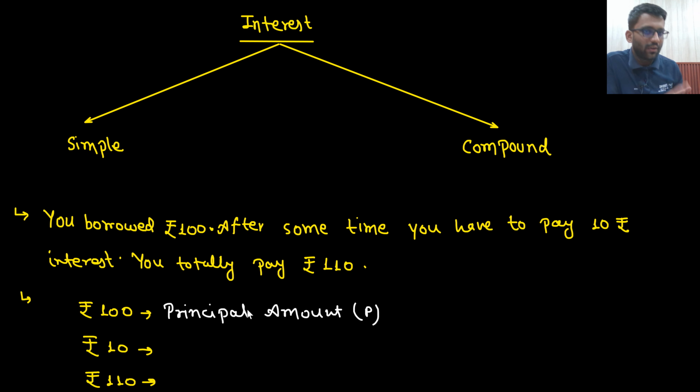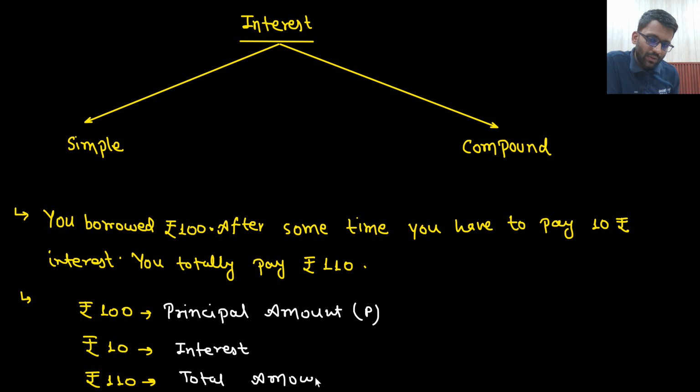Whatever extra you have to pay is known as interest, and the total you are paying is known as the total amount. So you now know what the principal amount, interest, and total amount are.